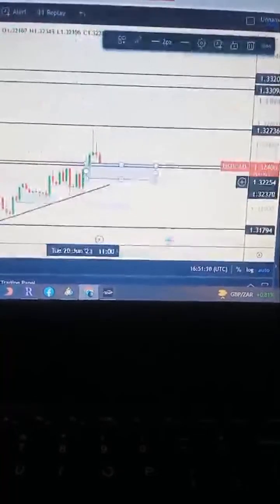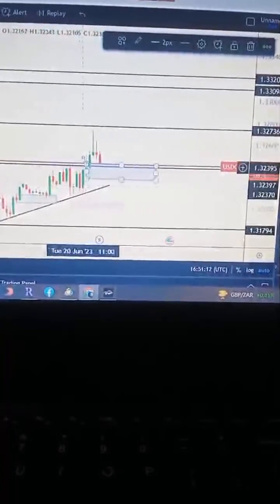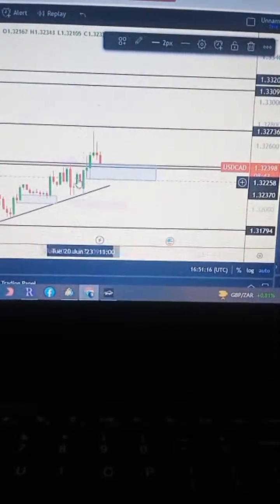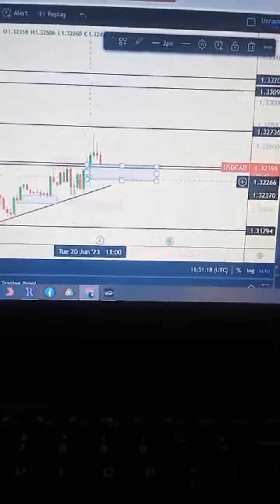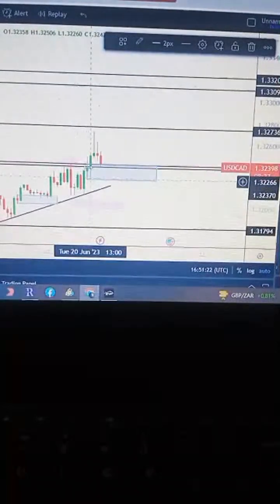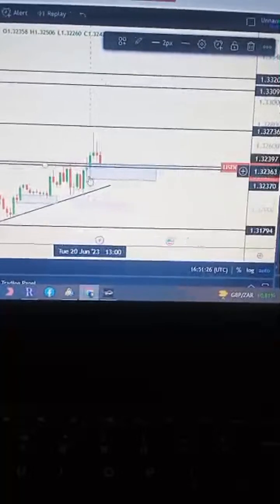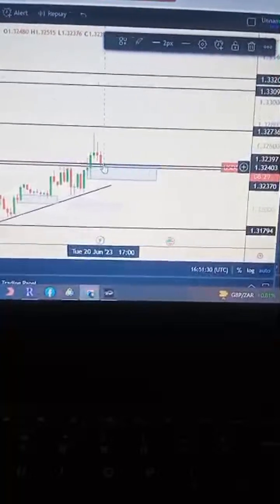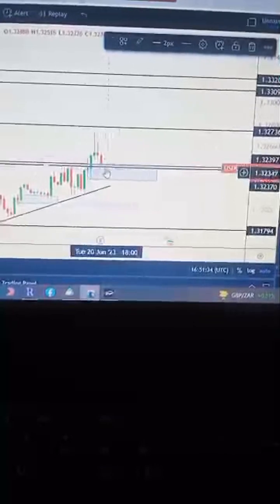Here we have a potential continuation pattern. It was tested. It was tested, this one. So we cannot use this one as a potential continuation pattern. So since it was tested, a new potential continuation pattern was created on 30 minutes. That is why I went to 30 minutes. But eventually, you can just keep on monitoring this one and observe what's going to happen.